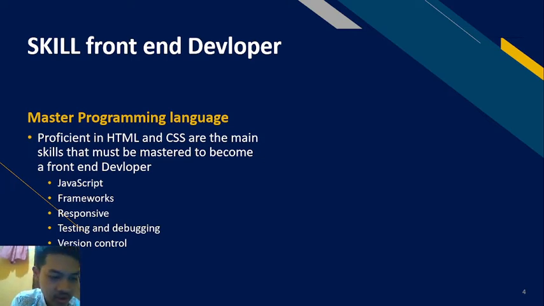Next, JavaScript. If CSS and HTML are used to make the basis of a website, then JavaScript is needed to make the website interactive. JavaScript is also commonly used in creating web and mobile applications, building simple web servers, and developing games.